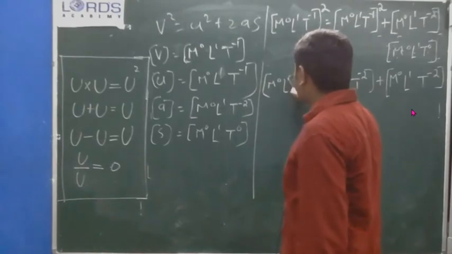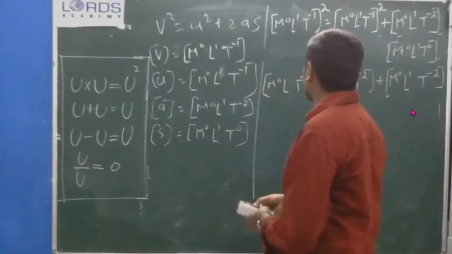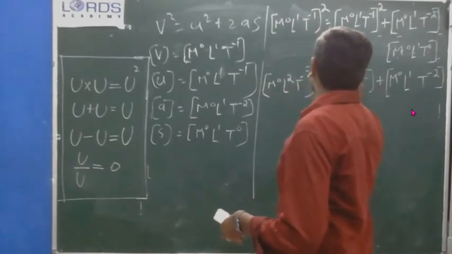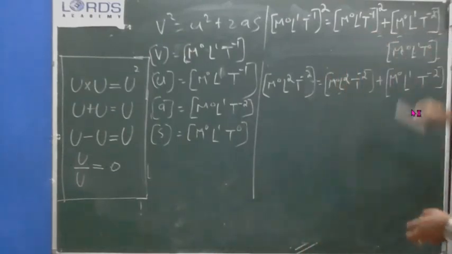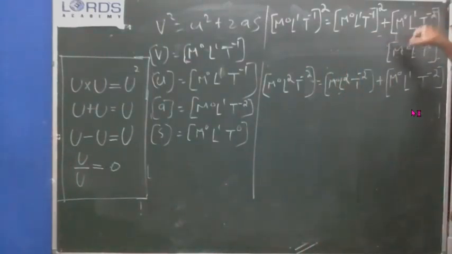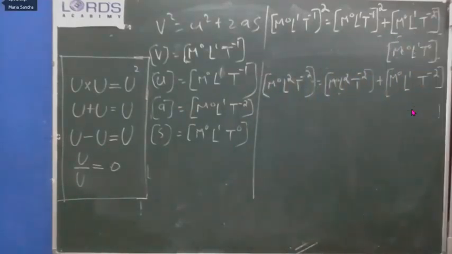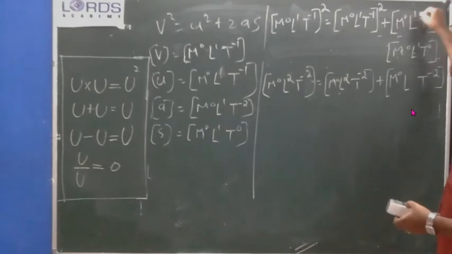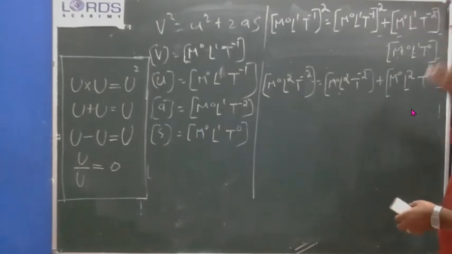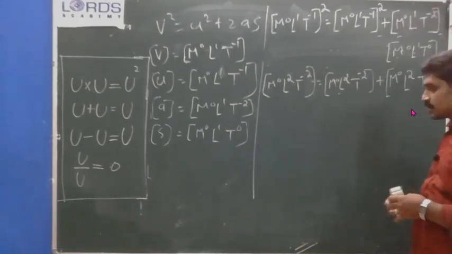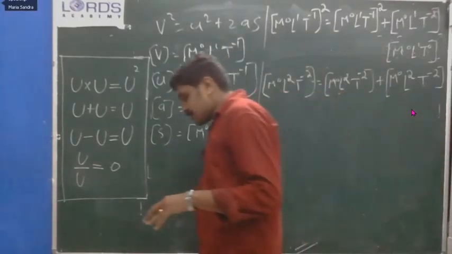Both sides I have to correct. Yes, correct. See students, it's L raised to 1 plus L raised to 1, L raised to 2. Now get back to Maria Roy.